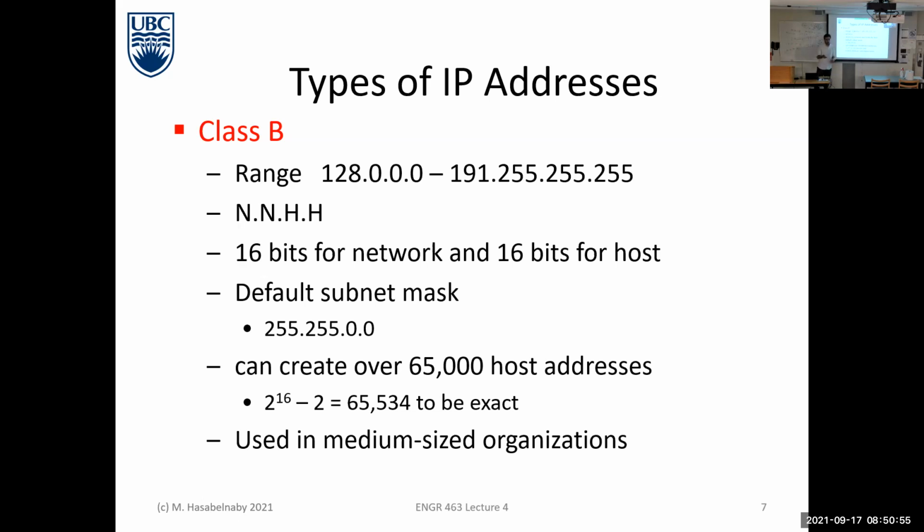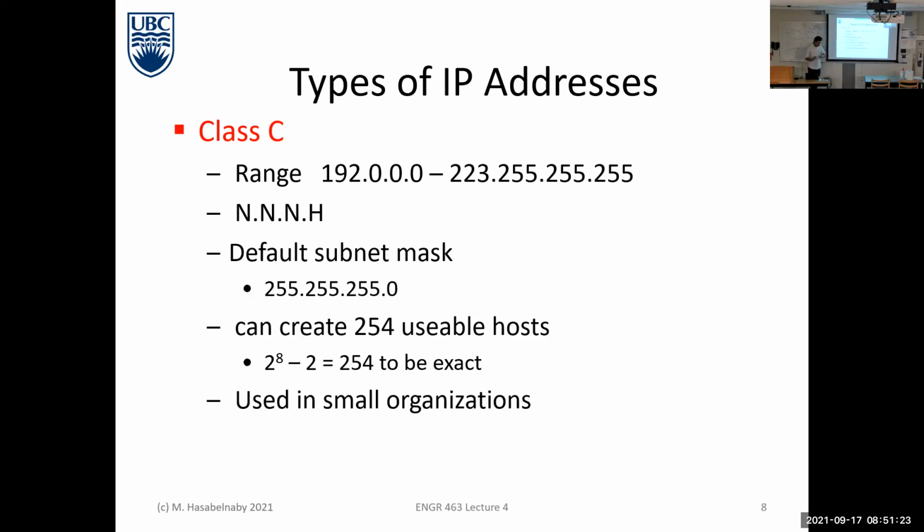The number of users we can serve using a class B IP address range is 2 power 16, minus 2, as we reserve one for the network address and one for the broadcast address. So we can use it for medium size organizations, and the subnet mask will be 255.255.0.0.